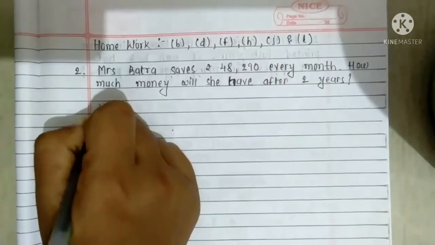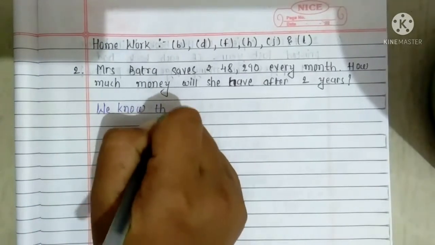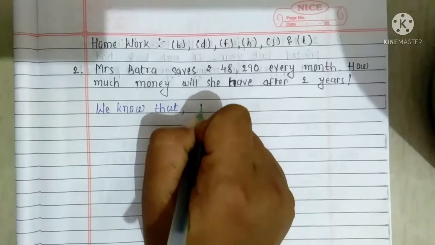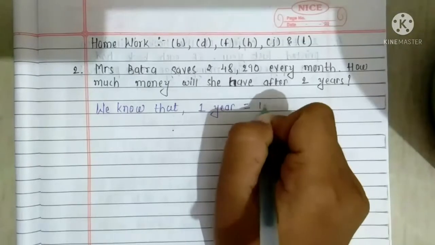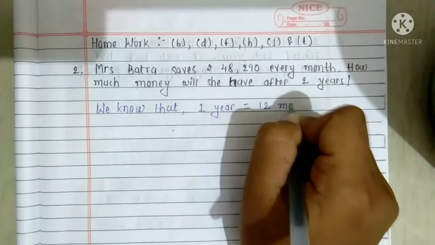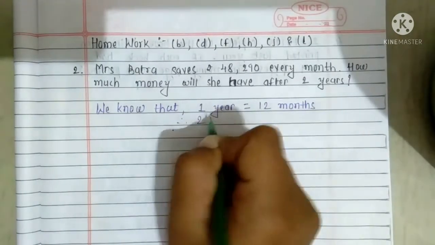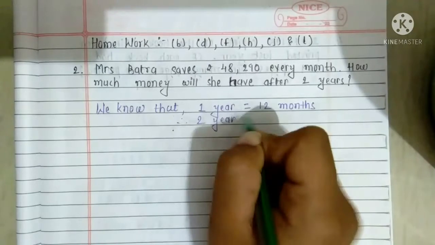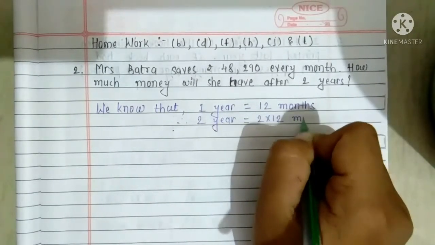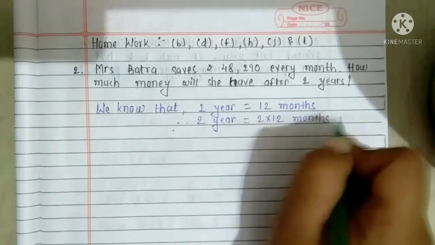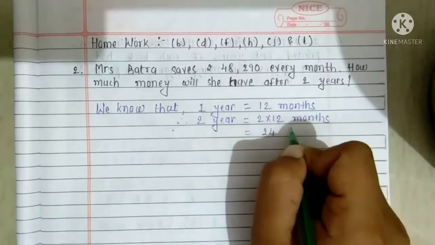So, we know that 1 year is equal to 12 months. Therefore, 2 year is equal to 2 into 12 months. 2 into 12 is equal to 24 months.